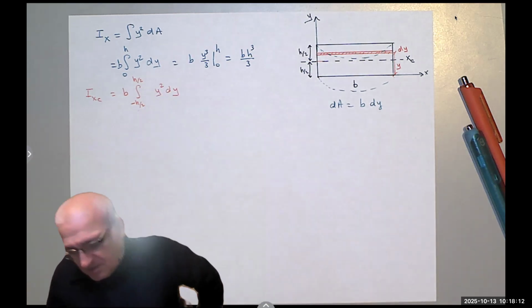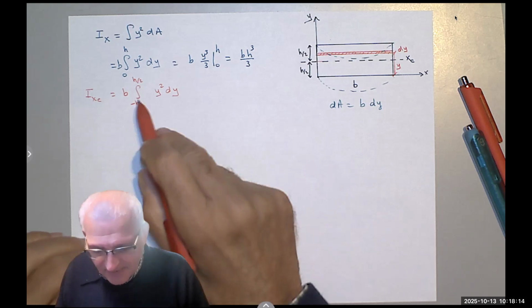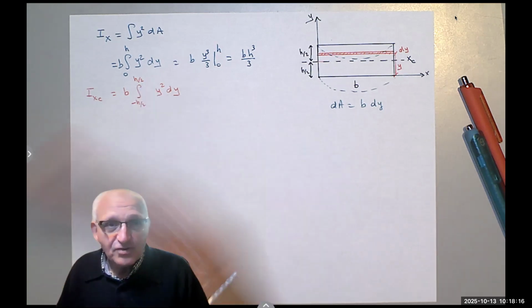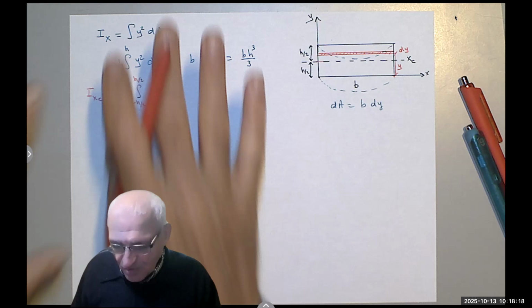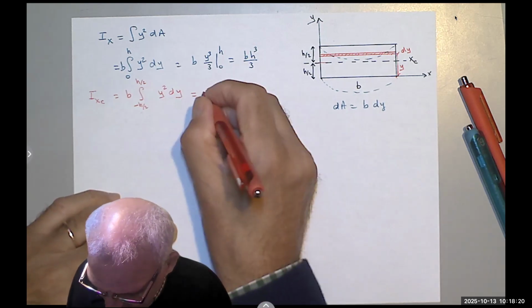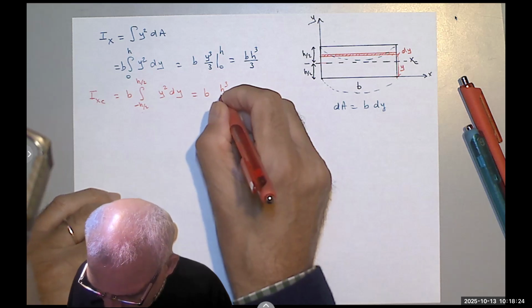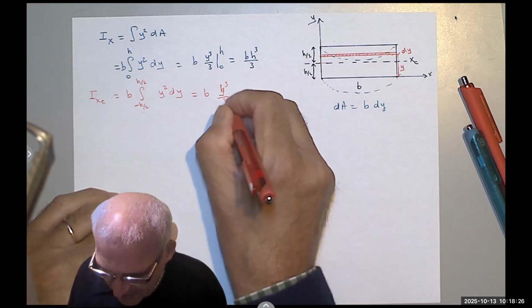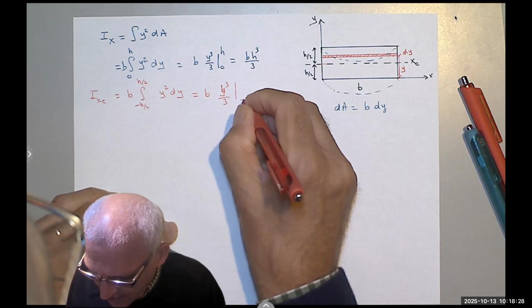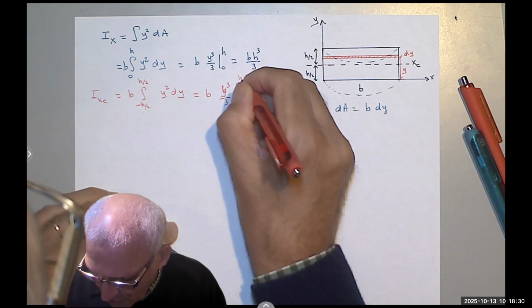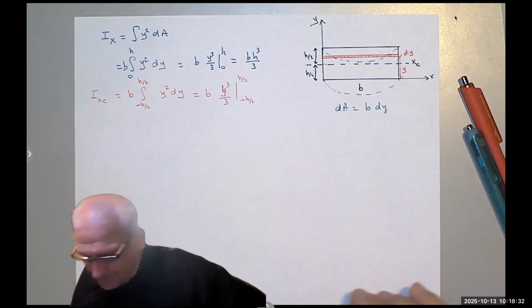Some of you can take the moment from 0 to h over 2 and multiply it by 2, but let's do it this way. We get y cubed over 3 as before, but now I'm going to evaluate it from negative h over 2 to h over 2.